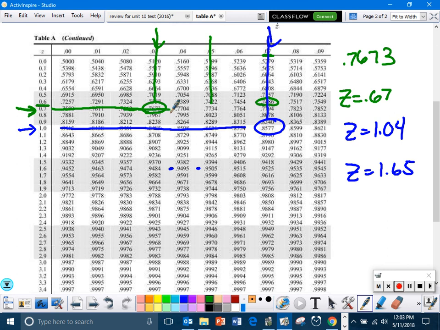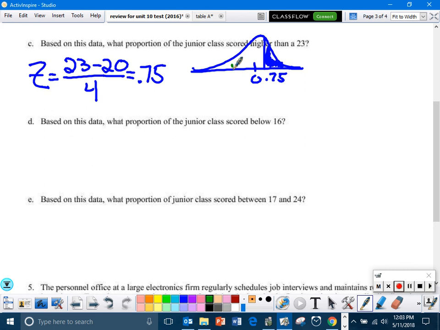So it looks like 0.7734. So to the left is 0.7734. So we have to go 1 minus 0.7734, and that's going to give us 0.2266.